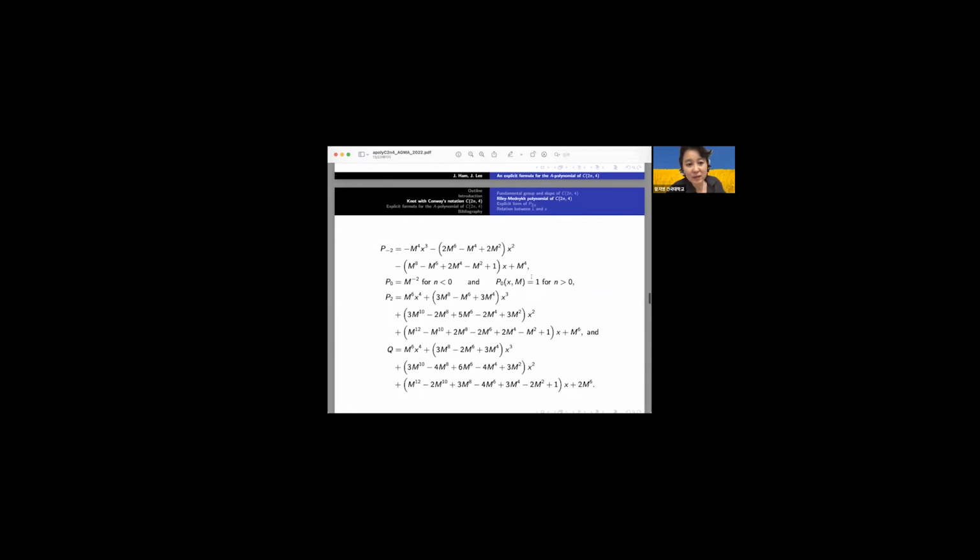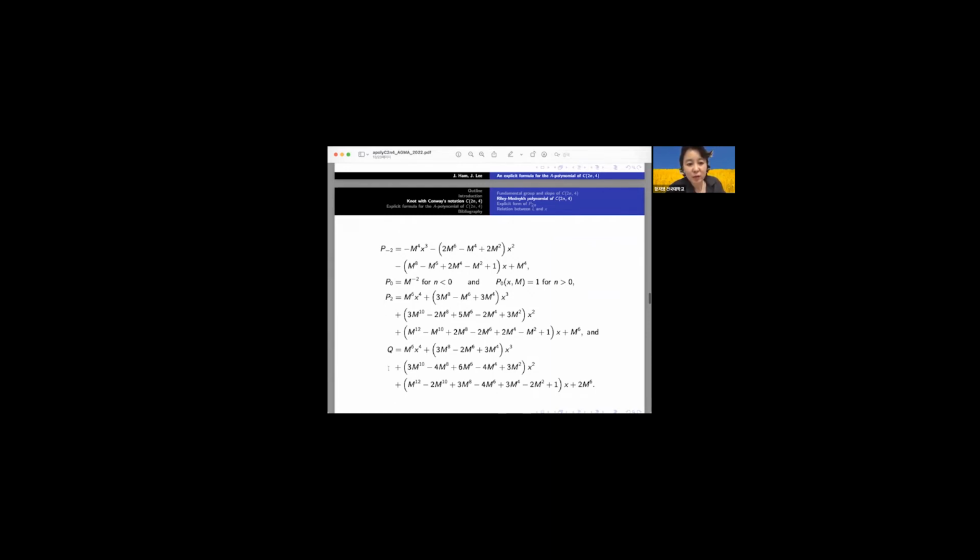This is the recursive relation that I got from the former paper, with some initial conditions here. Initial conditions P minus 2, P0, and I used the two initial conditions for P0 for n negative and n positive for convenience of computation. And then I use the same P because there is no confusion.